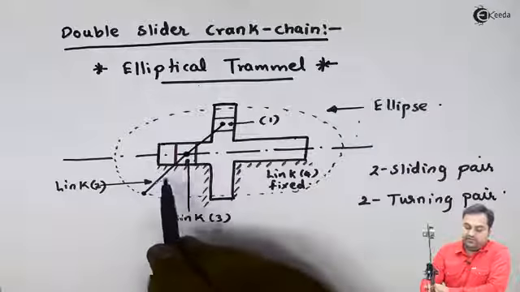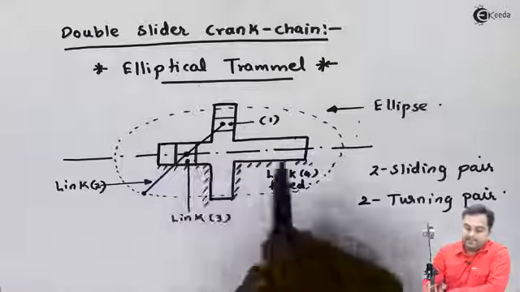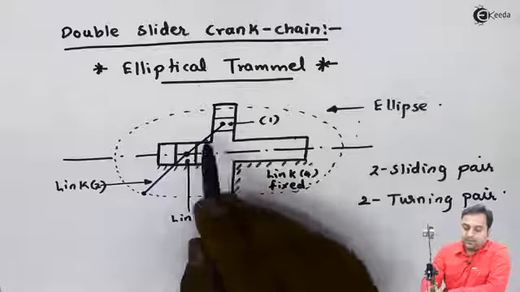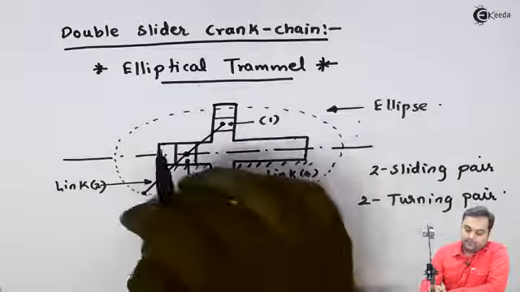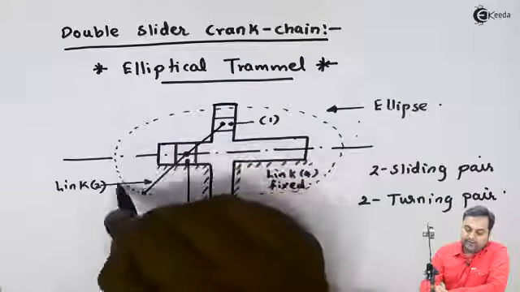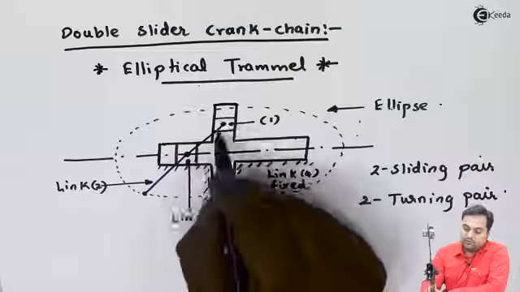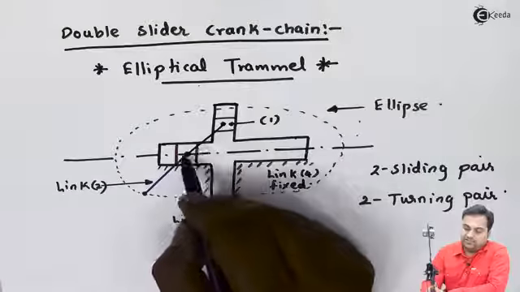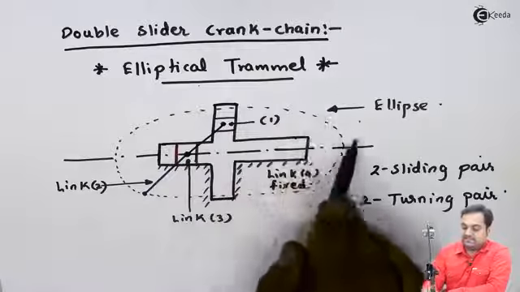So when we are giving rotation to link number 2, because of the motion we are giving to link 2, the path is generated and the sliding motion of both the sliders would be constantly changing and we are getting the motion as an ellipse.